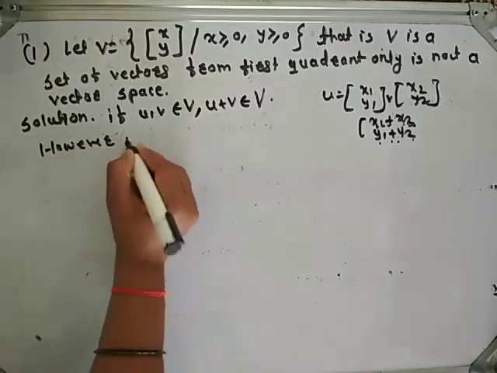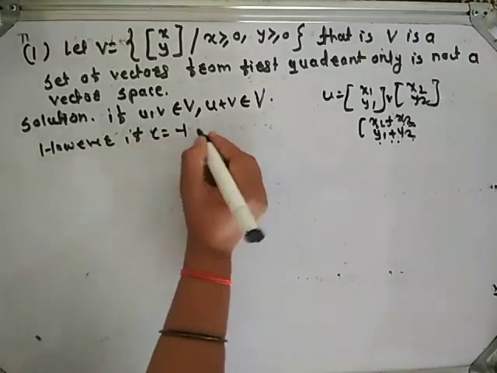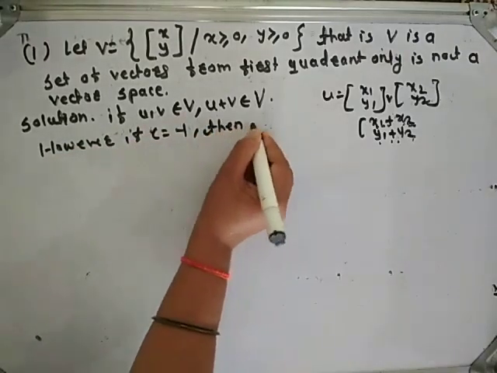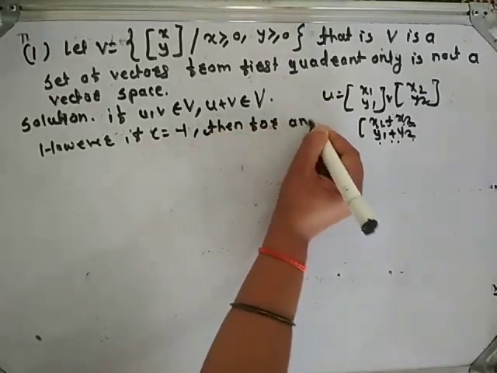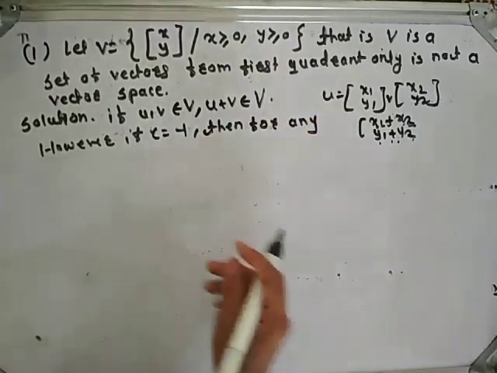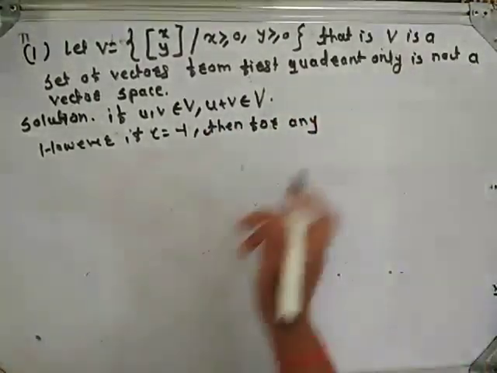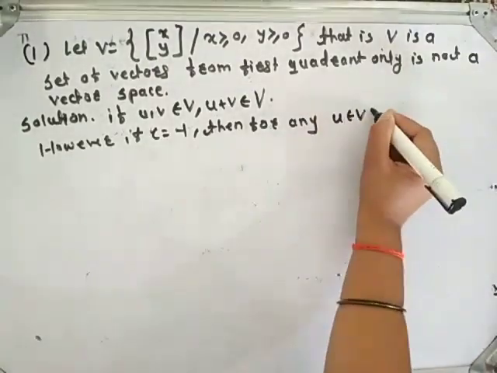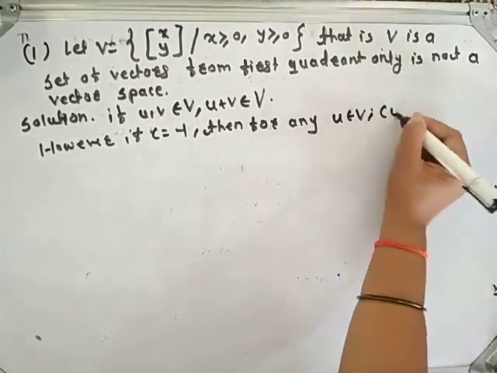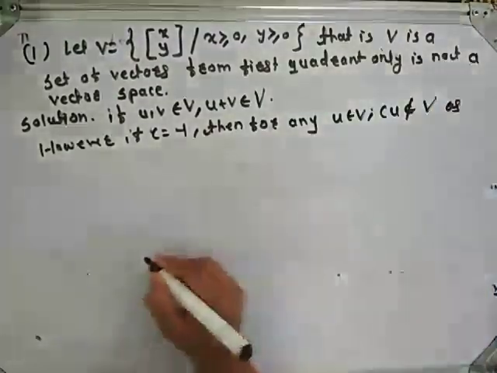However, if c is equal to -1, then for any u belongs to V, c into u does not belong to V. Why?